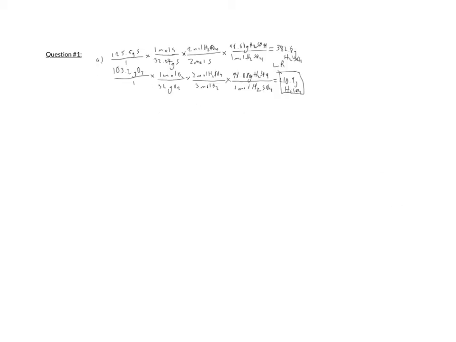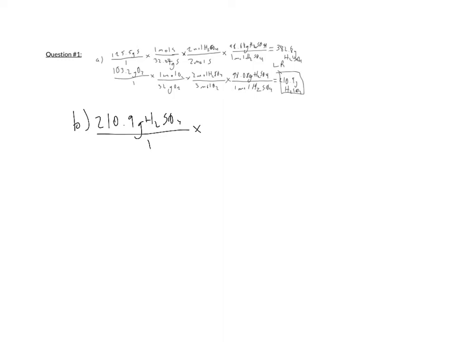For part B, we're asked to find the excess sulfur, or excess reactant, which is the sulfur. So we start with our 210.9 grams of H2SO4, which is the amount produced.